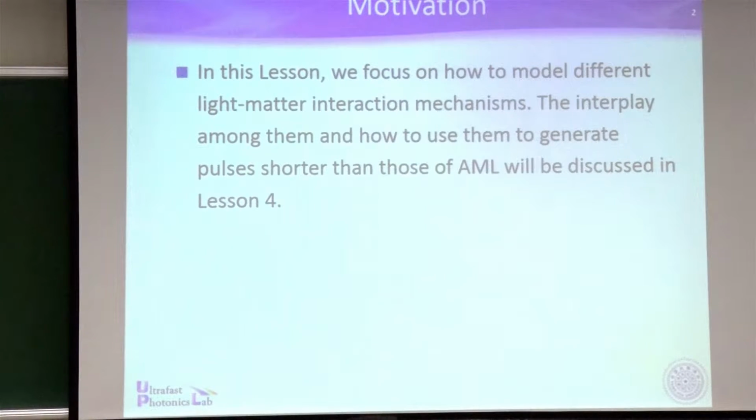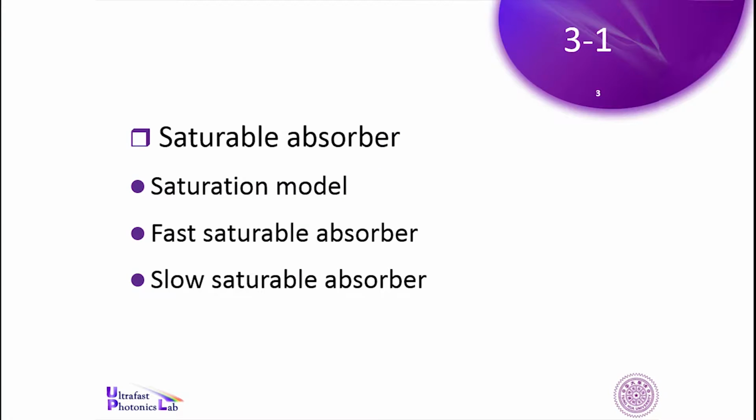So after we know all the mechanisms, we will be able to discuss how to generate even shorter pulses, from picosecond regime to femtosecond regime. But that will be the topic of the next lesson.